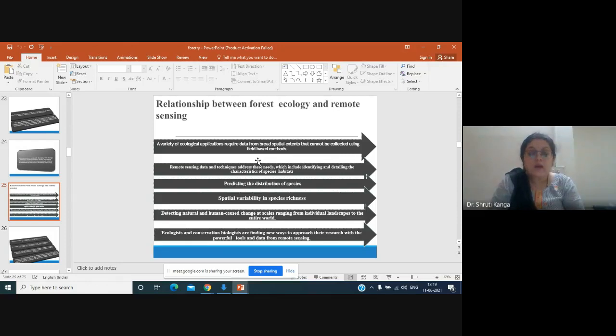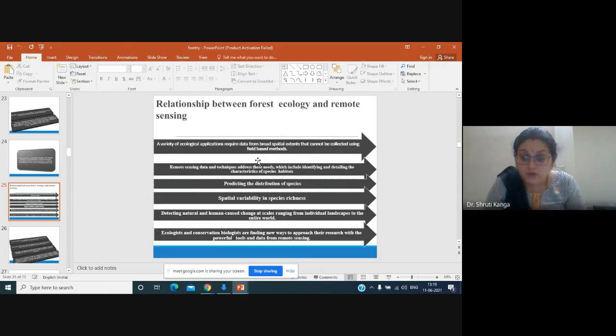Then detecting natural and human caused changes at scales ranging from individual landscapes to the entire world. We can also go for change detection at different scales. We can go for a district, we can go for a complete state, or we can go for the whole world.